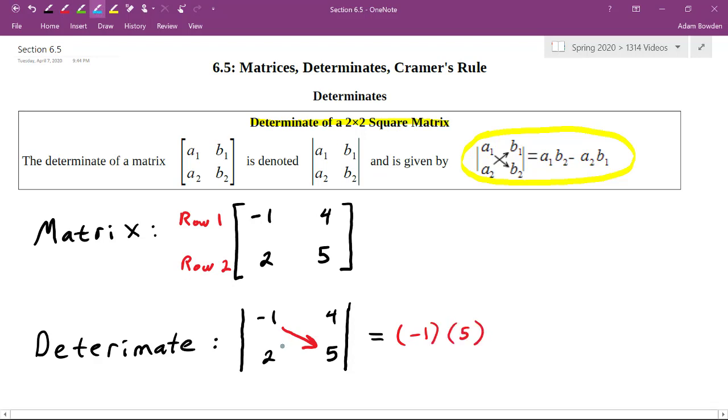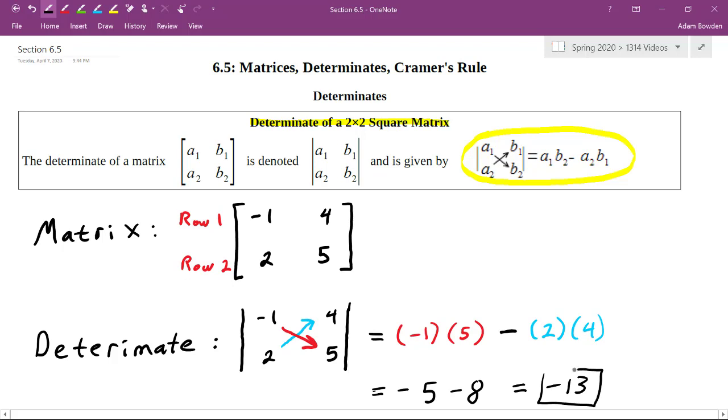Then the second thing is we multiply up diagonally toward the right, and we subtract those numbers multiplied together. So the next thing is minus the 2 times the 4. That's going to equal negative 5 minus 8, and that's equal to negative 13. That's the value of this determinant.